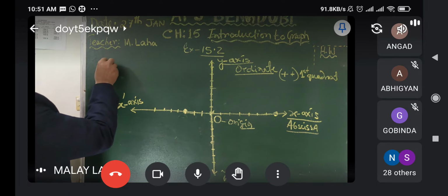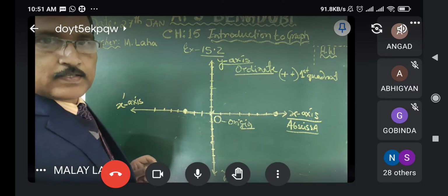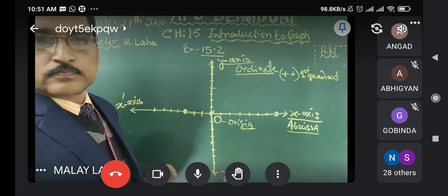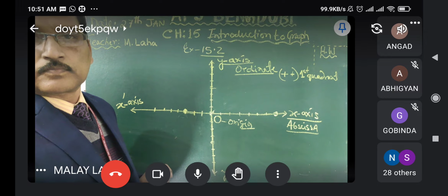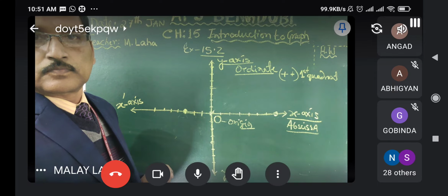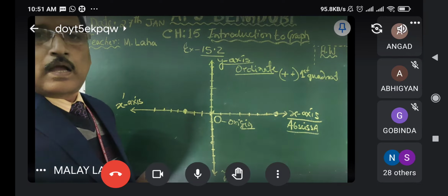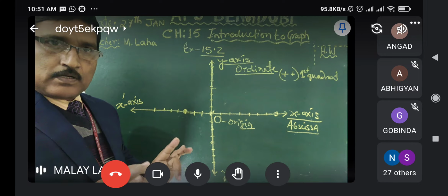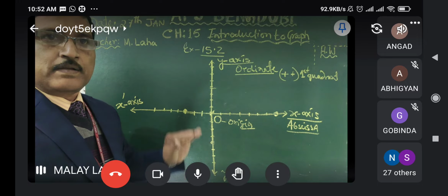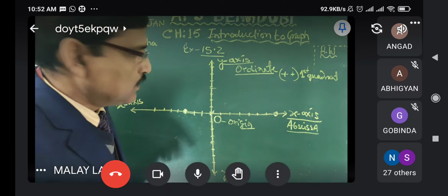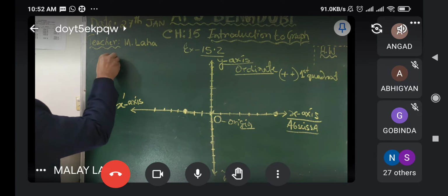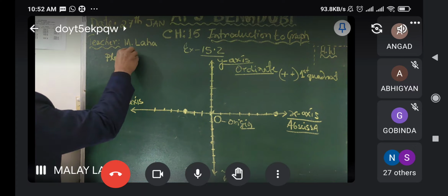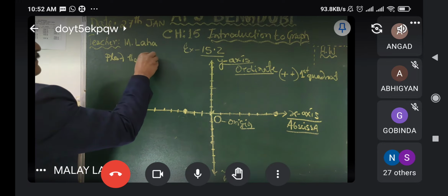Sir, do we do all this chapter in the graph copy, or do we need to cut this page and stick it in a math copy? After doing this work, you cut it and paste it on your maths notebook. Okay. Now plot the points.